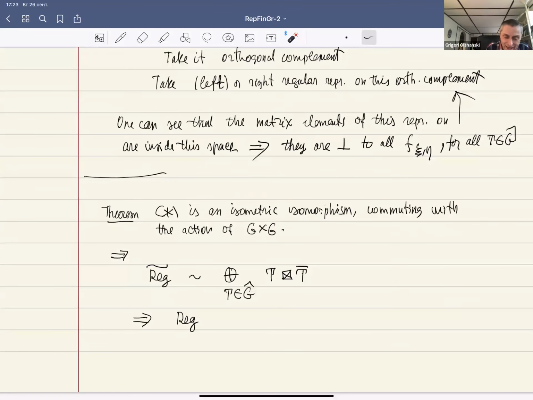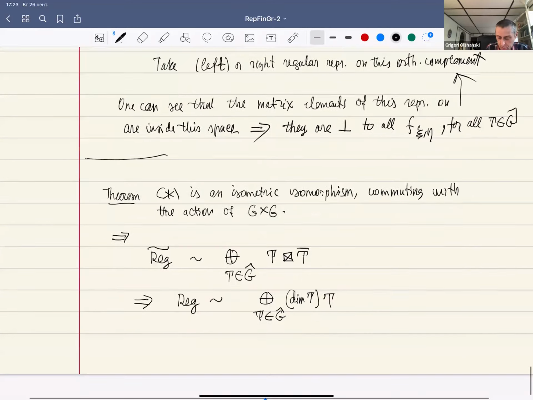So the one-sided regular representation is equivalent to the direct sum, again, over all irreducible representations. And each irreducible representation is contained with multiplicity equal to its dimension. So this is another fundamental fact.